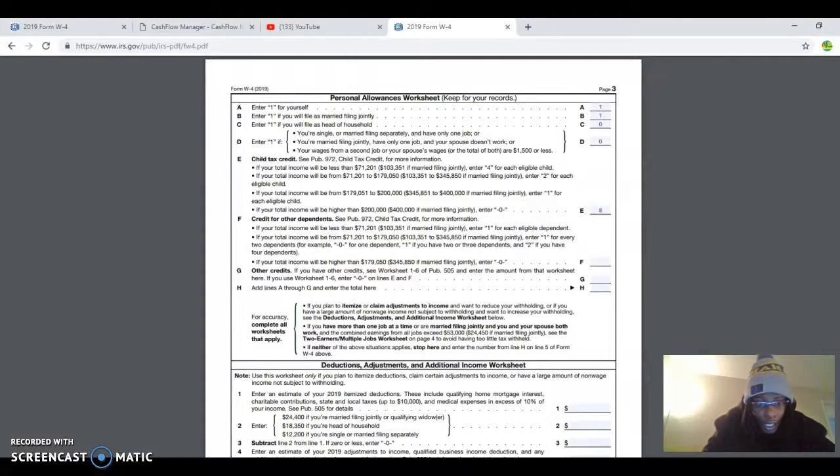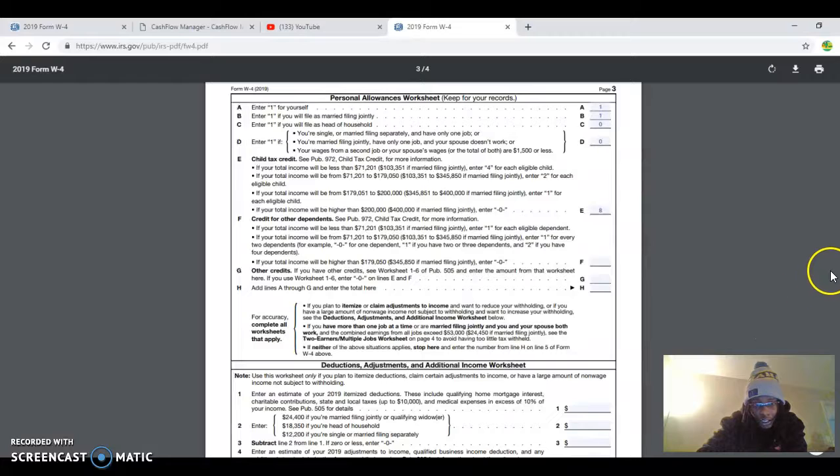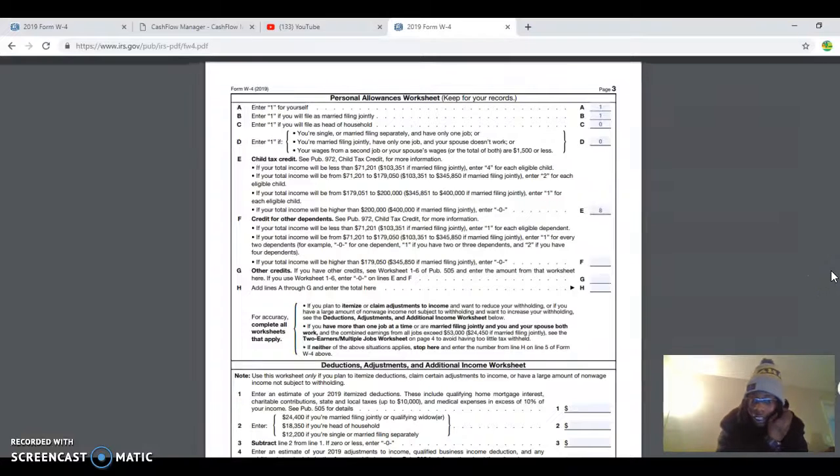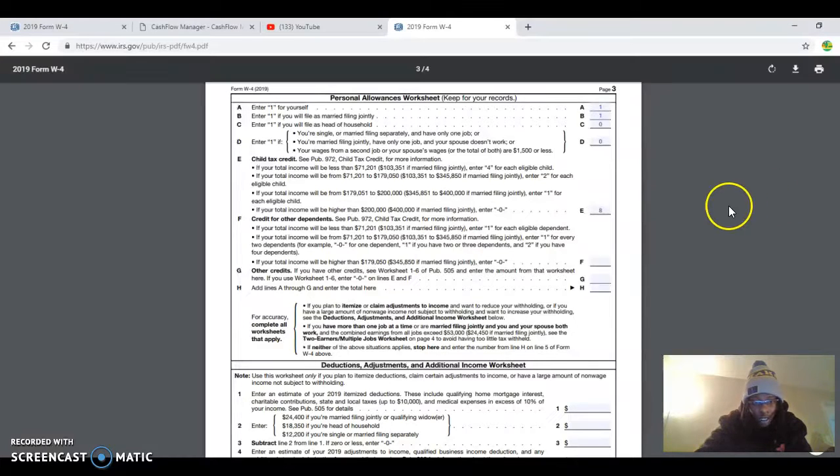Okay. If your total income will be higher than 179,000 or 345,000 if married filing jointly, enter 0. Other credits. If you have other credits, see worksheets 1 through 6, publication 505, and enter the amount from the worksheet here. If you use worksheets 1 through 6, enter 0 on lines E through F. So you don't have to mess with those.